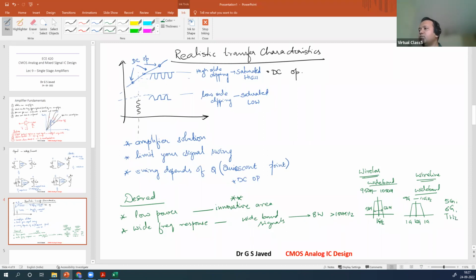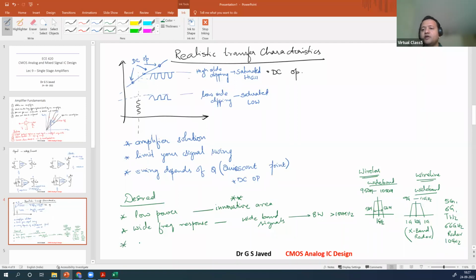We will again see a wideband. Another one is the 66 gigahertz range, radar range where you will work. Another is the 10 gigahertz X-band radar frequency, this will operate. So there's a lot of applications of wide frequency response.